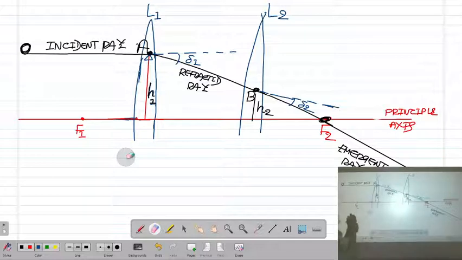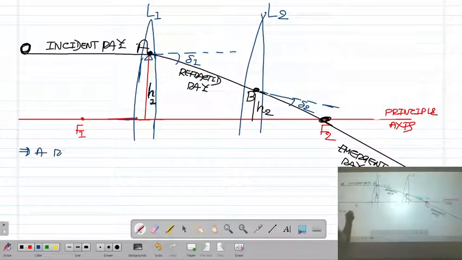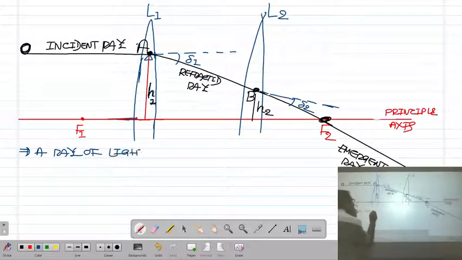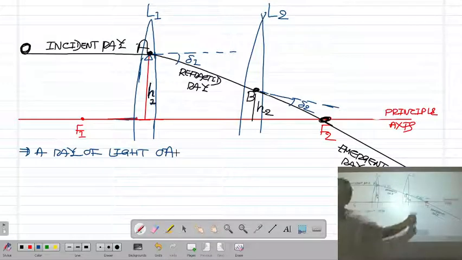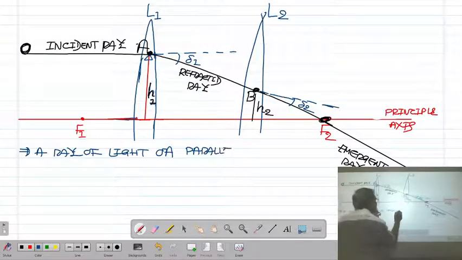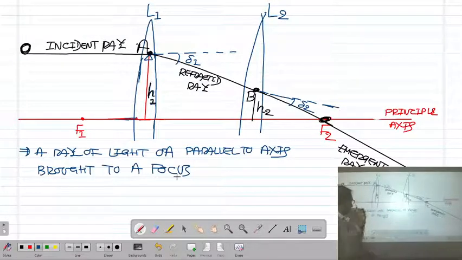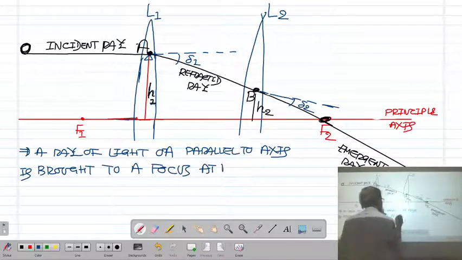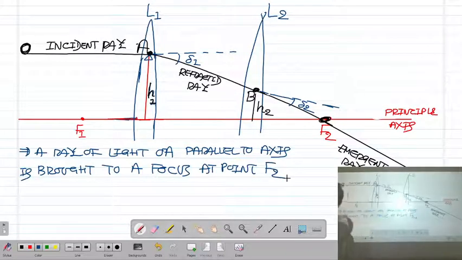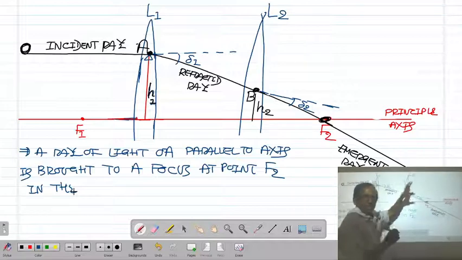Now a ray of light OA, traveling parallel to the axis, is brought to a focus at point f2 in the image space of the optical system. This is called object space, this is called image space.